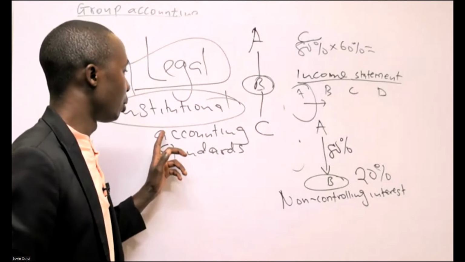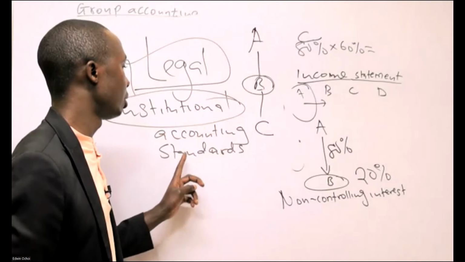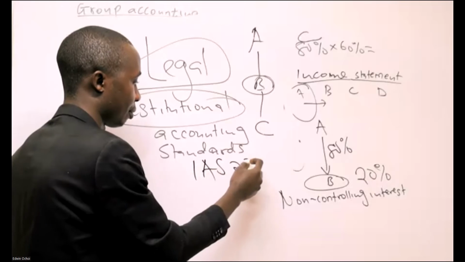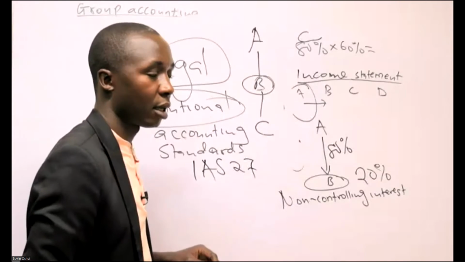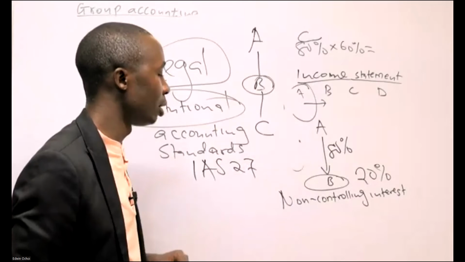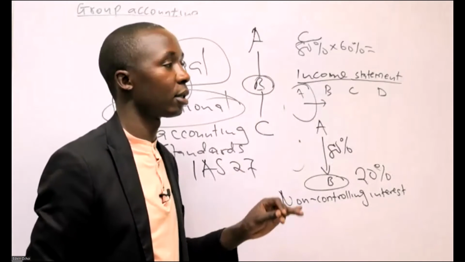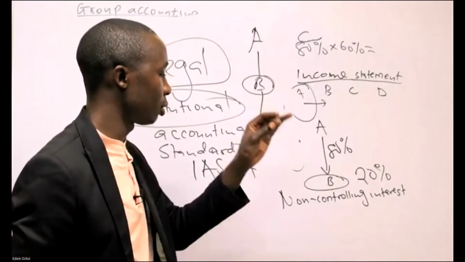So when we talk about the institutional framework, the accounting, according to International Accounting Standards 27, it says the same thing I've explained from legal. It's only that here you have to say, according to International Accounting Standards 27, when a parent has a subsidiary, it has to do what?